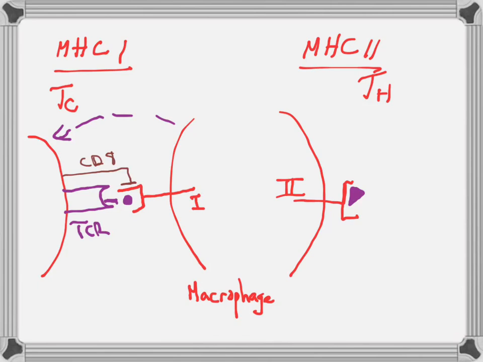Again, we have a T cell receptor. And again, we need a co-stimulatory interaction, or a second interaction, between the T helper cell and the MHC2. And that interaction is with a molecule known as CD4.